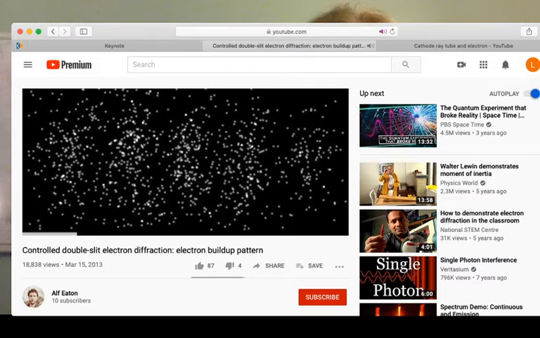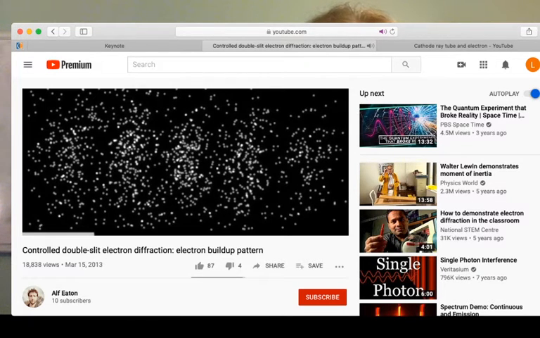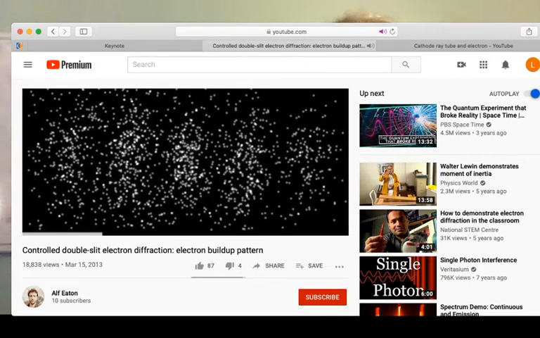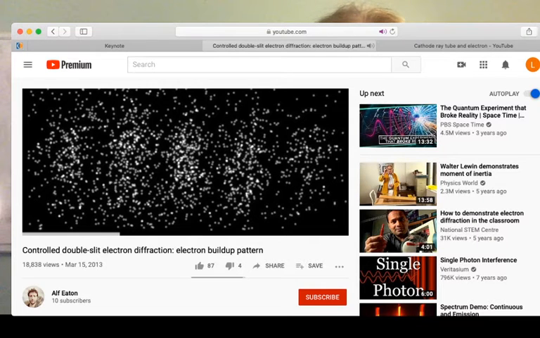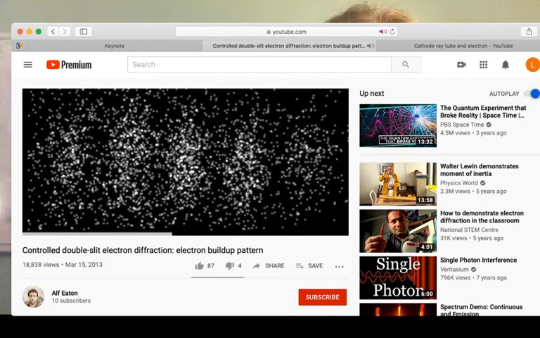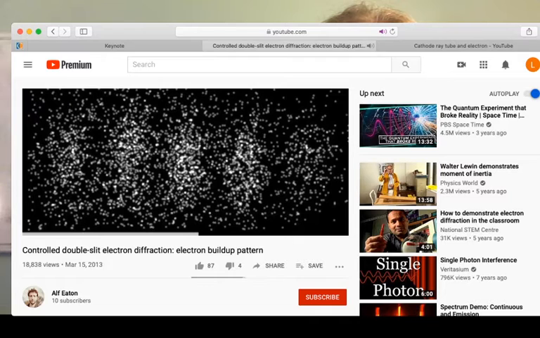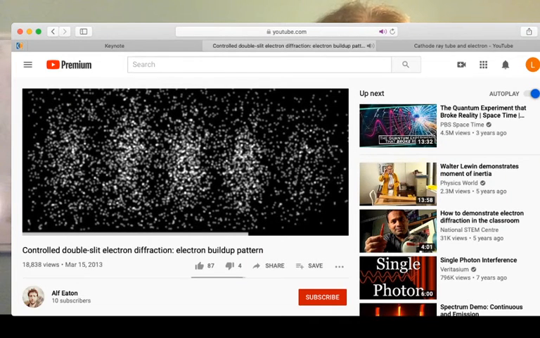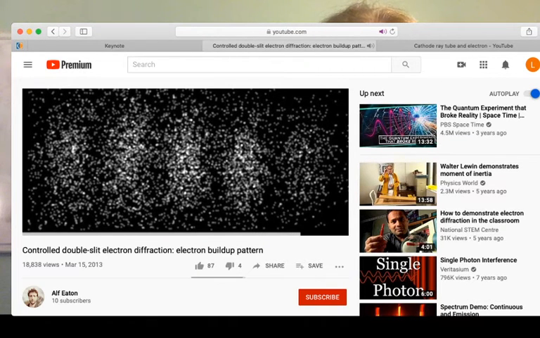So the electrons seem to be hitting at kind of random spots on the detector. But as the experiment goes on, there are some spots where they're a lot more likely to hit than others. So these are thousands of electrons, each going through the double slit, and they each impact and give their energy all at once.